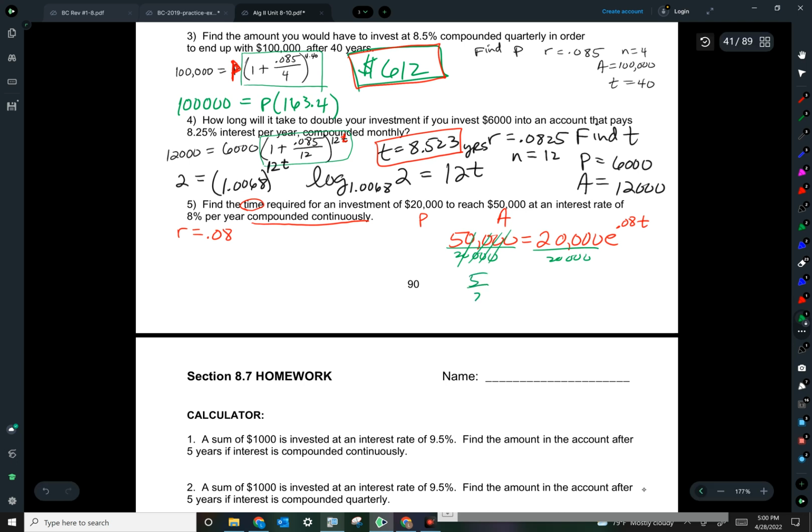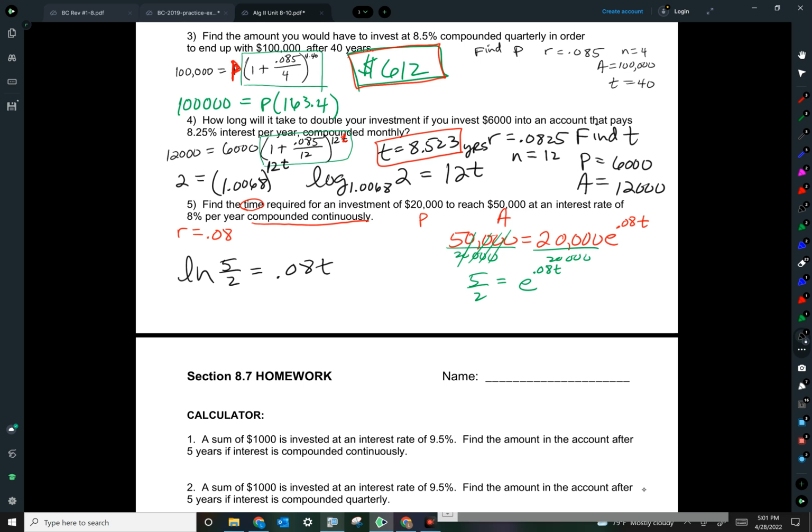So 5 halves equals, and all that's left on the right side is E to the 0.08 T. I've got the exponential by itself, so I need to change it to log form. But instead of saying log base E, don't we say natural log? So I'm going to say natural log of 5 halves equals the exponent, which is 0.08 T.